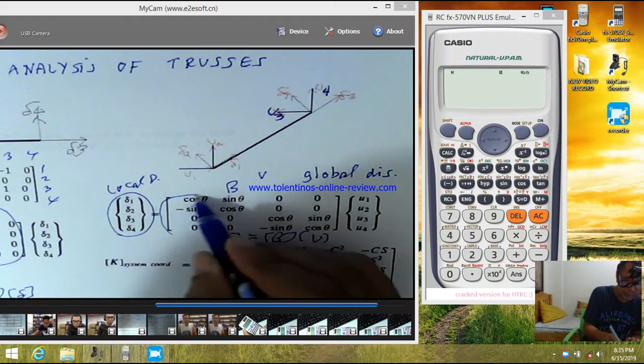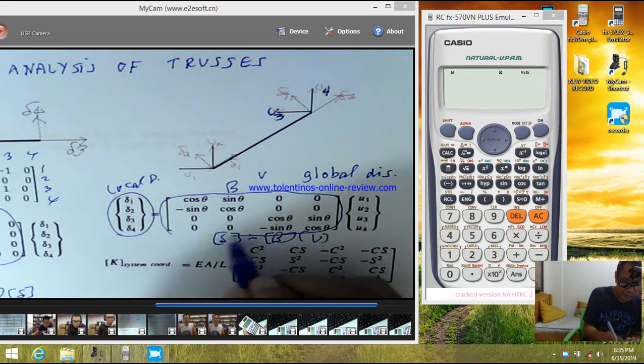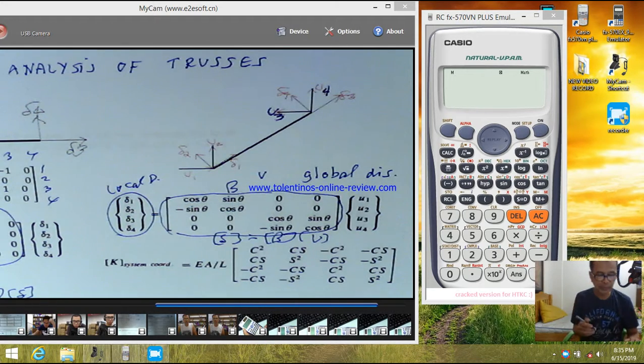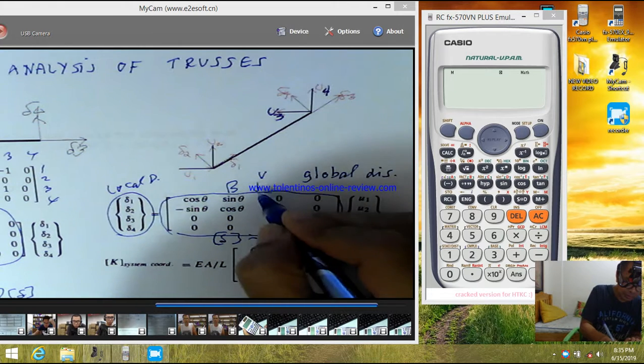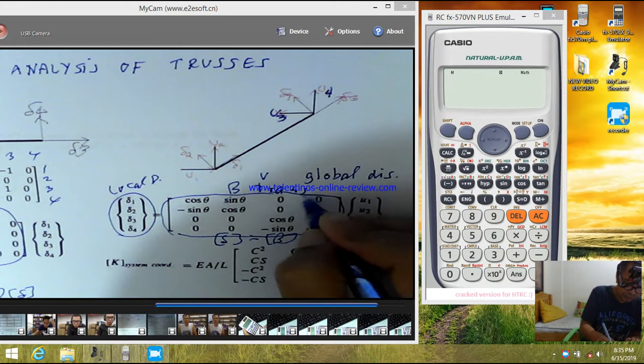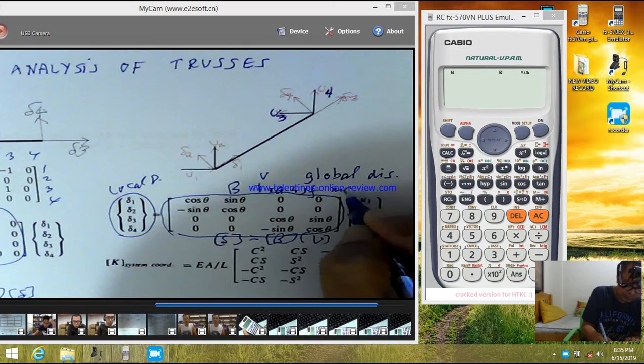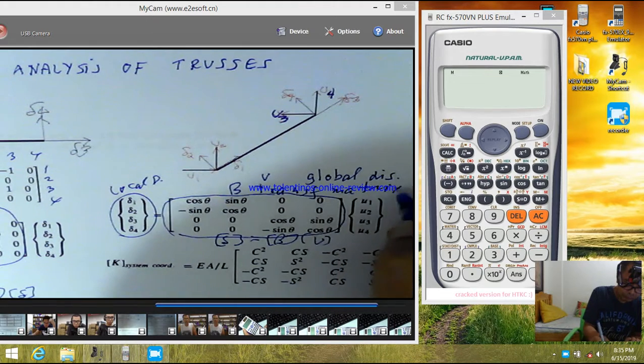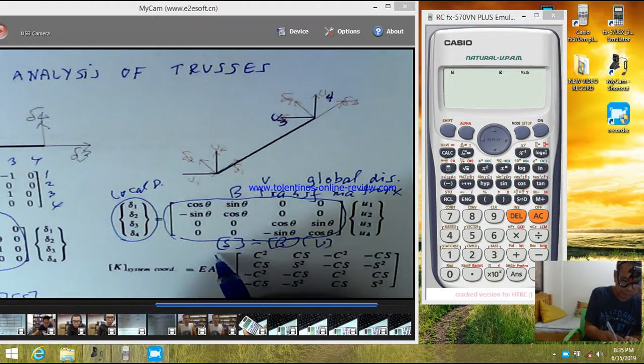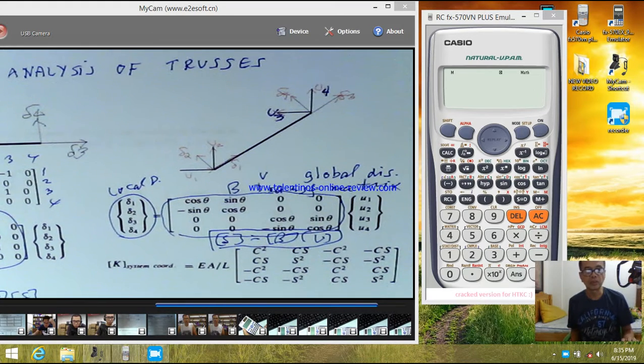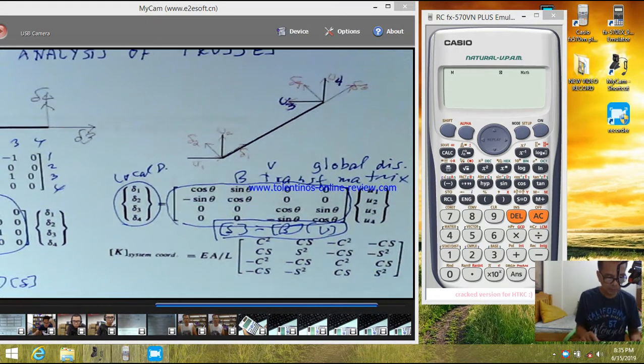Yan, yung matrix na yan. Ang tawag dyan is transformation matrix. Okay. So, tandaan niyo yung formula na to. Delta is equal to what? Beta times U.